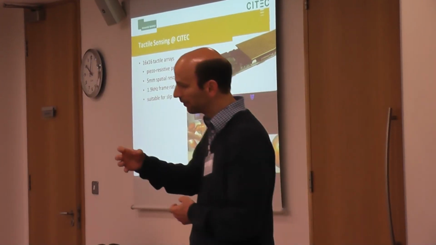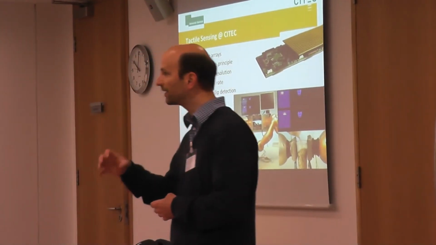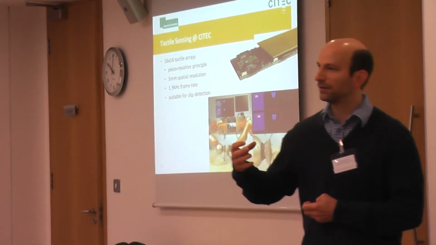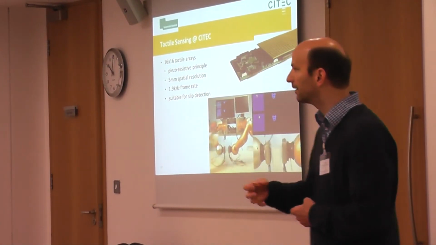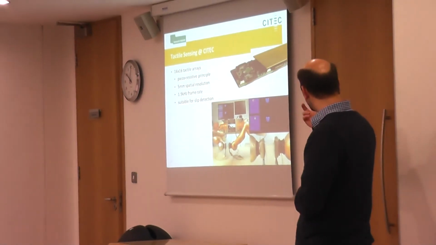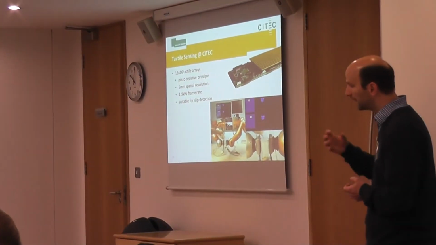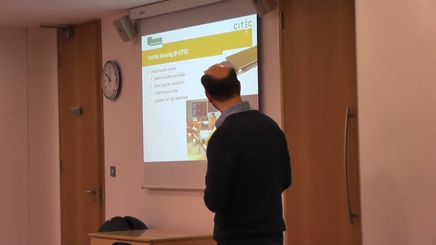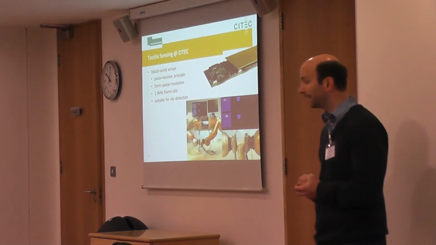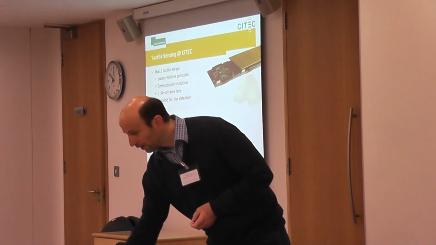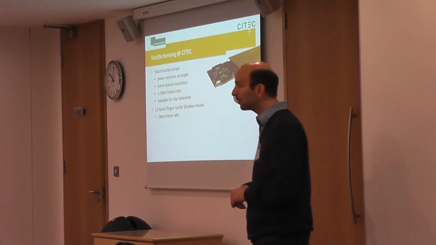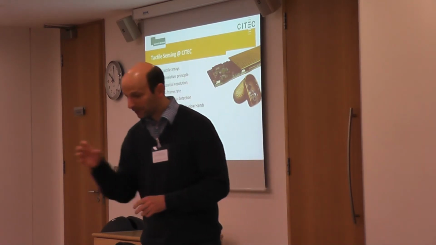So slip induces micro vibrations in a 400 hertz range, and if you can detect those vibrations, you can estimate slip. And as you see in the video, we use that estimation to increase the grasping force to hold this object of changing weight.